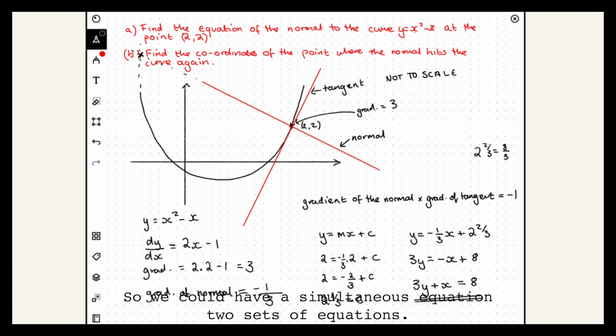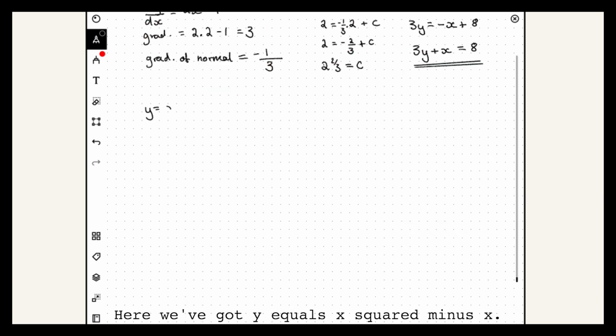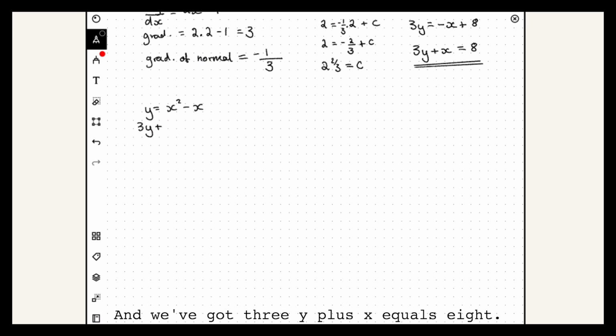So we could have a simultaneous equation, two equations here. We've got y equals x squared minus x, and we've got 3y plus x equals 8. So to solve these two, well, we have 3y plus x equals 8.